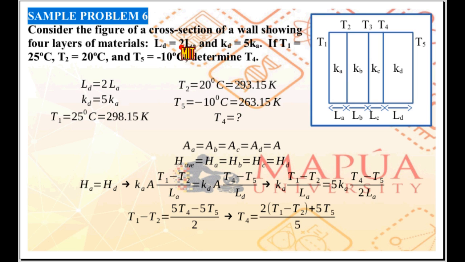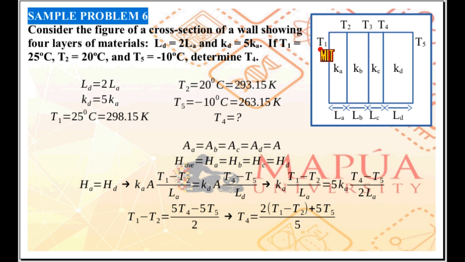The problem compares LD with LA. LD is twice LA. It compares material conductivity of material Kd and material Ka. Kd is 5 Ka.